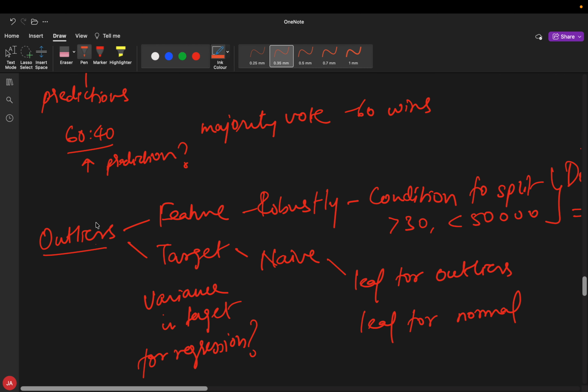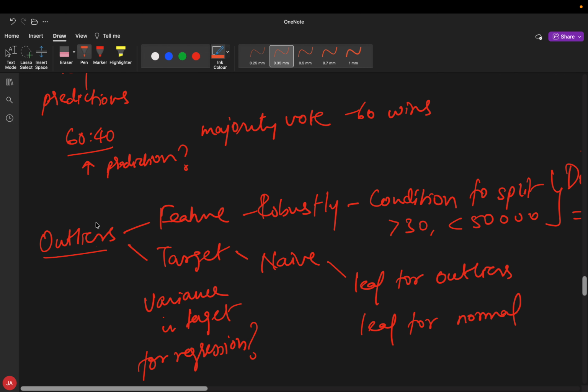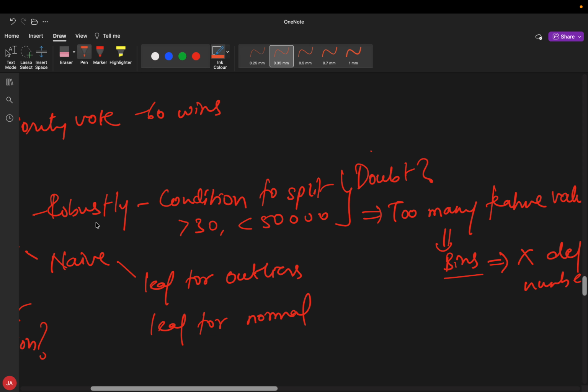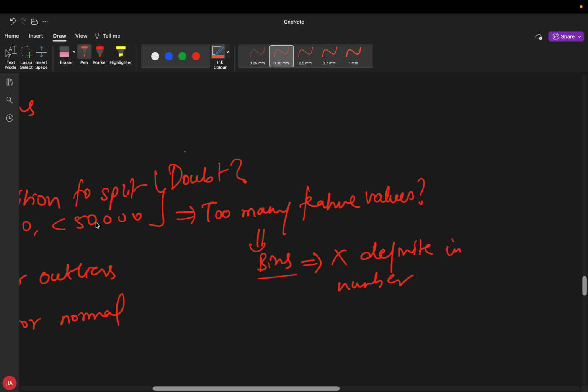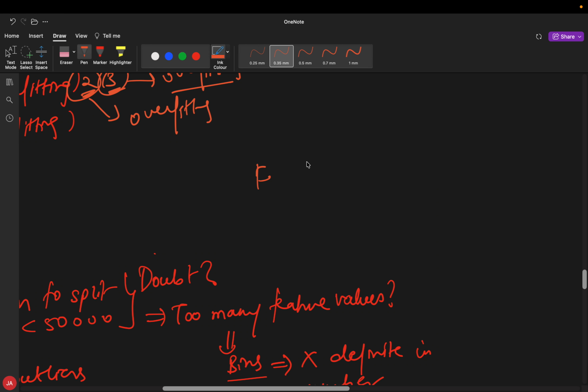What about outlier features? Let's say we have a feature that has outliers. Let's say the feature temperature has an outlier of 108. Then what happens?